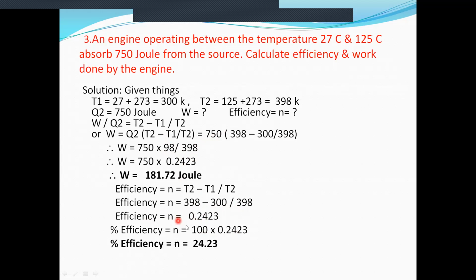That is efficiency 0.2423. Now see here, it is less than 1. Now percentage efficiency is equal to 100 into 0.2423, so it is 24.23. So percentage efficiency is 24.23.